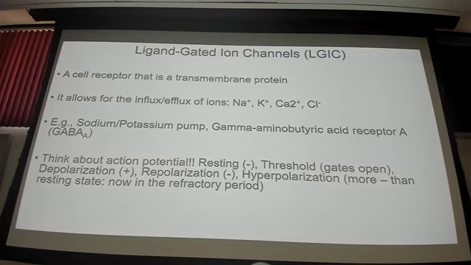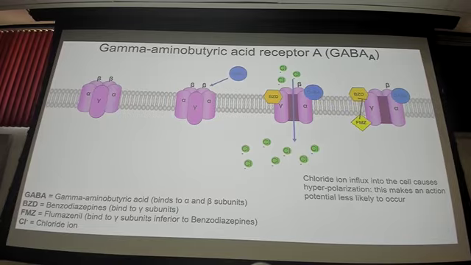GABA receptors are one example of ligand-gated ion channels. GABA receptors are composed of 5 transmembrane subunits: 2 alpha, 2 beta, 1 gamma. GABA, the neurotransmitter, binds at the interface between alpha and beta, causing the influx of chloride to hyperpolarize the cell.